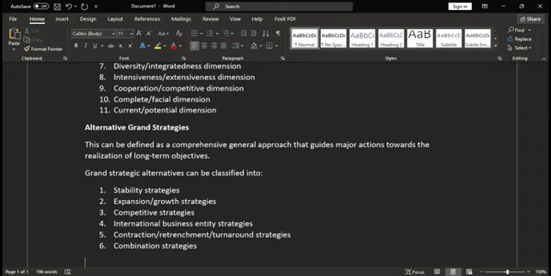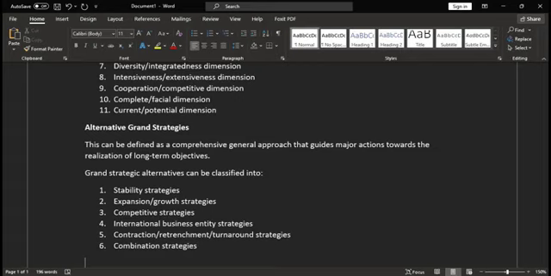The expansion or growth strategy is adopted when a company broadens the scope of its product market definition. It is an elaborate redefinition of the current product market scope. The redefinition of scope usually leads to expansionary or extended alteration of the corporate philosophy, identity, character, size, and image of the business of the organization.